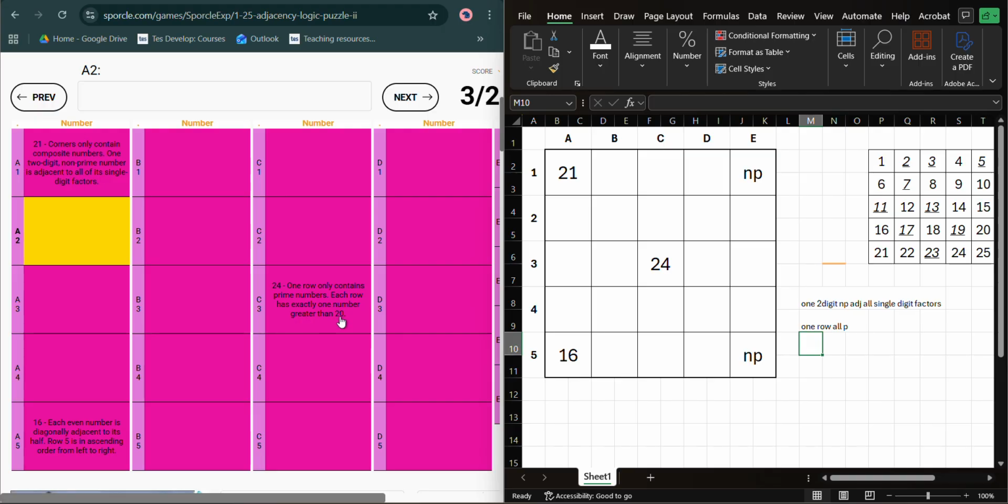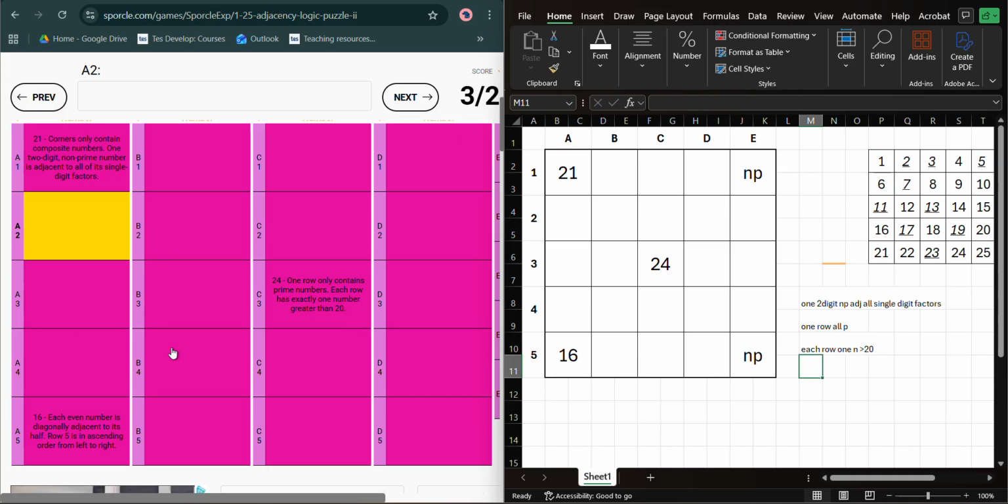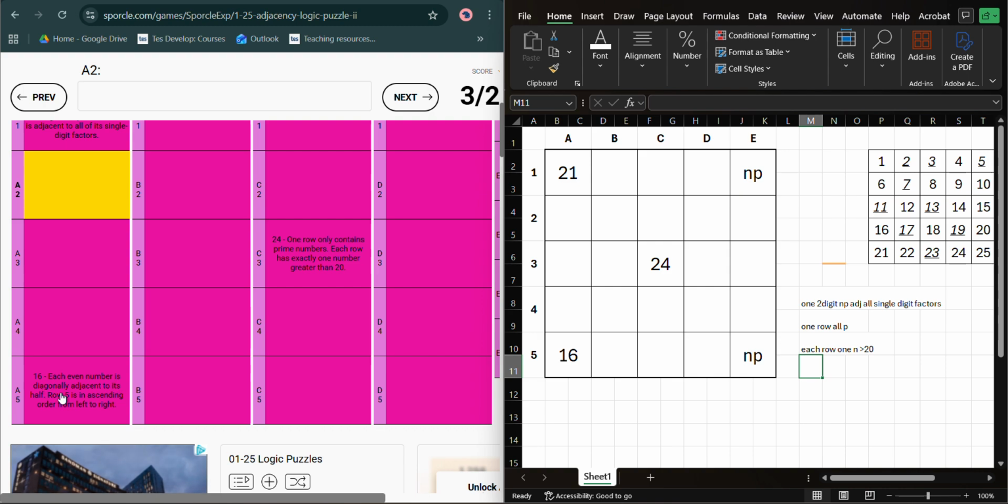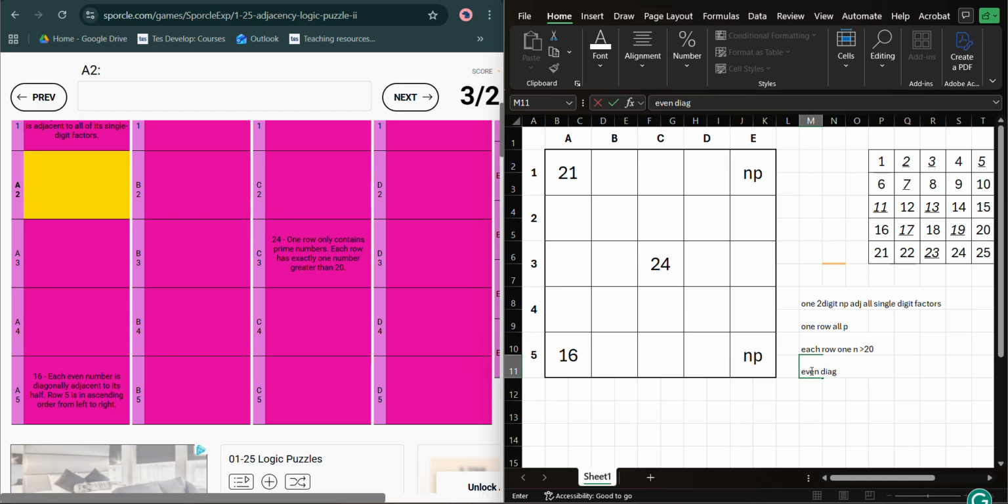Each row has exactly 1 number greater than 20. And then each even number is diagonally adjacent to its half.